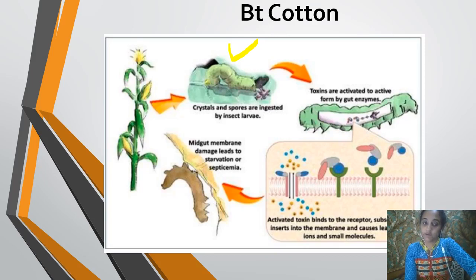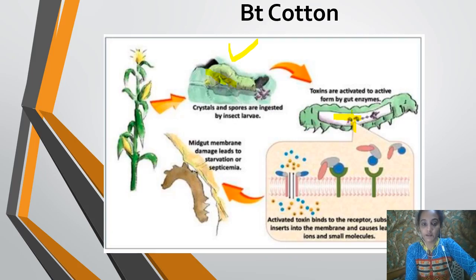So we already applied this, and it gets into the gut of this caterpillar or the larva, and it gets activated, and once it is activated inside the gut, it causes the lysis. Understand? It causes the lysis of the gut, leading to the death of that microbe.